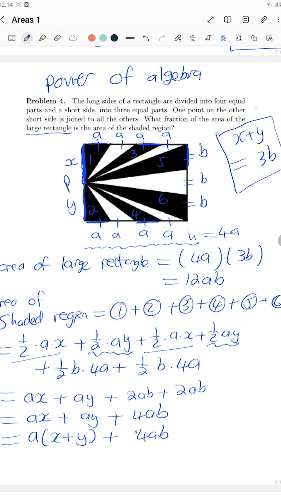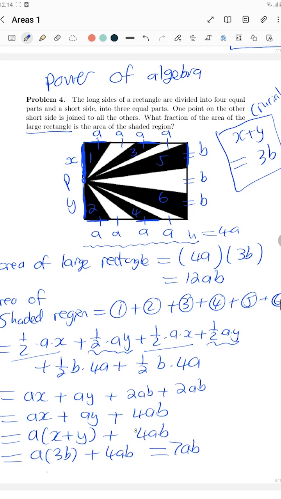This is a crucial observation that allows us to use it over here, because now replacing that x plus y with 3b, we now have the following popping up. That a times 3b plus 4 times ab becomes 7ab. And now we're ready to answer what the fraction is.